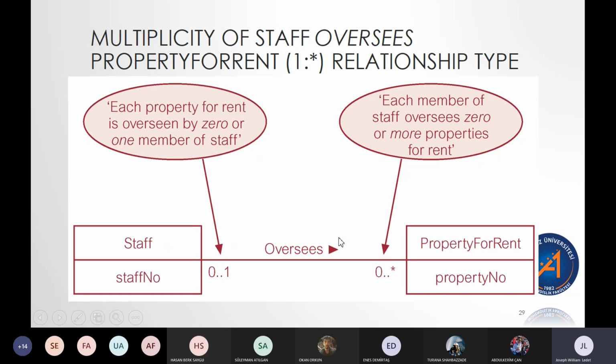Each property for rent is overseen by 0 or 1 member of staff. Each member of staff oversees 0 or more. Notice this star. This star means there's no limit. Okay, we're not putting a limit on here. We could say only 100 or only 10 or something like that. All right, we can put it, but star means however many they want to oversee.